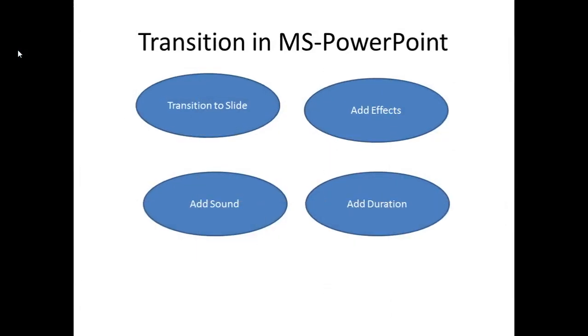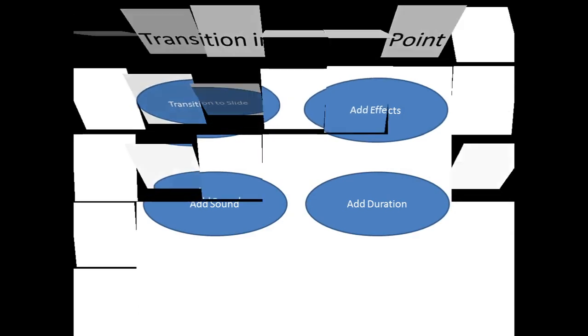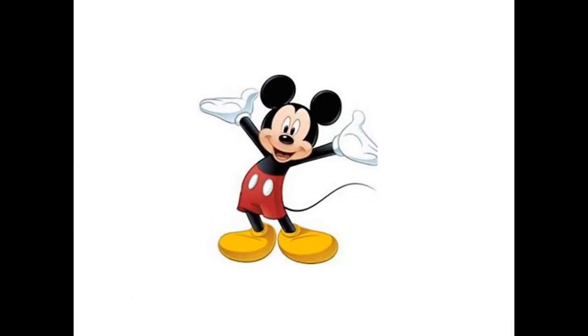It will automatically change after the given time duration. We don't need to do anything. It is going to change as per our instruction, that means as per 5 seconds or something like that. After 5 seconds it will change automatically.